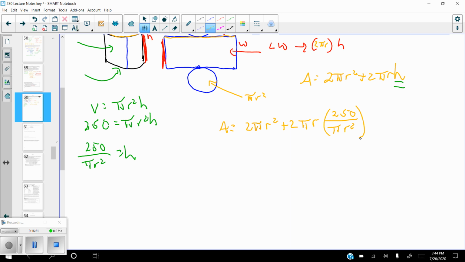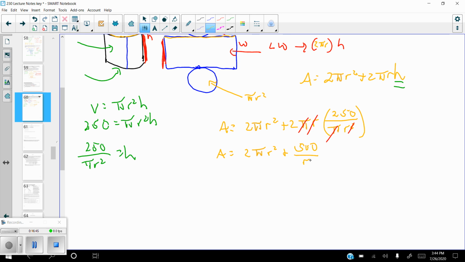The pi's will cancel out, one of these r's is going to cancel out with one of those r's, and I can multiply the 250 on the top. So it looks like we've got 2 pi r squared plus 500 over r.